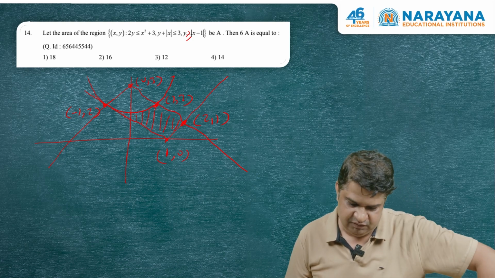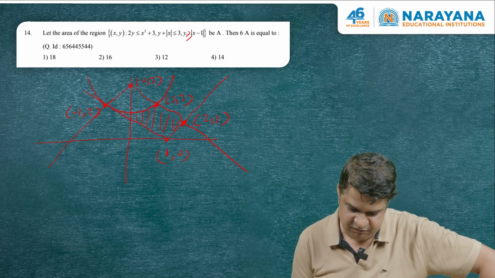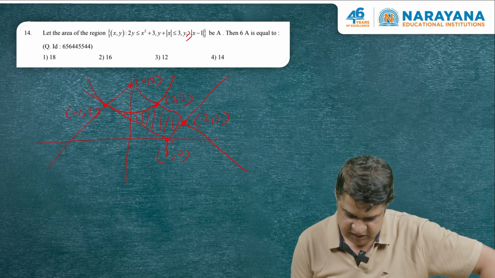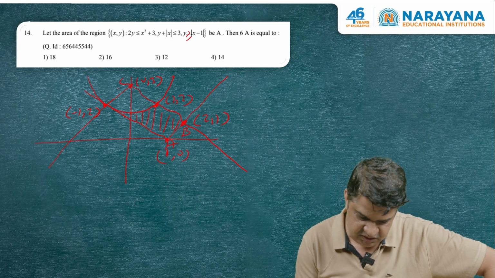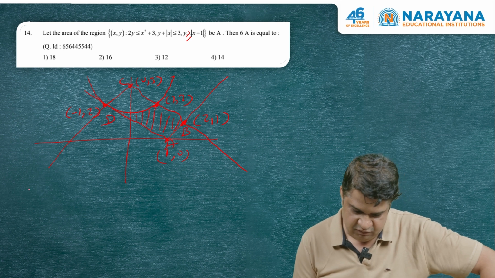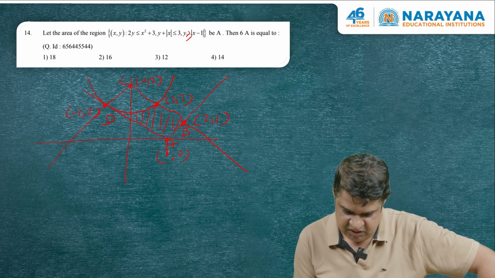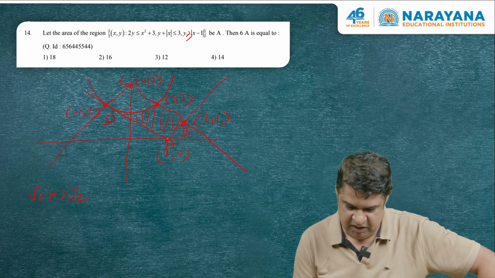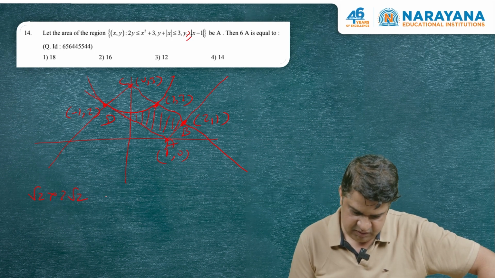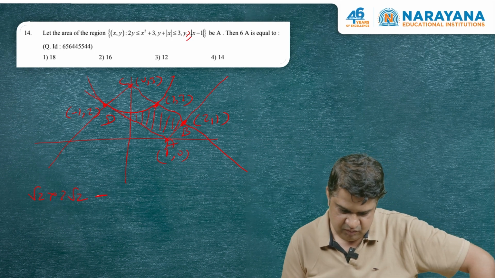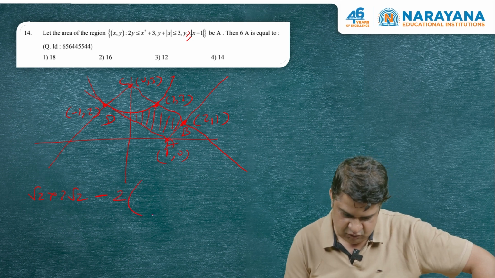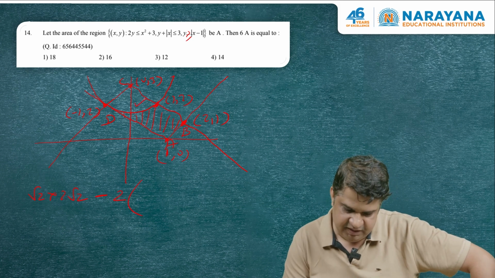So, of course, the required area is basically the area of rectangle A, B, C, D, which is root 2 into 2 root 2, AB length into BC length, minus this area. Now, this area is 2 times this area.